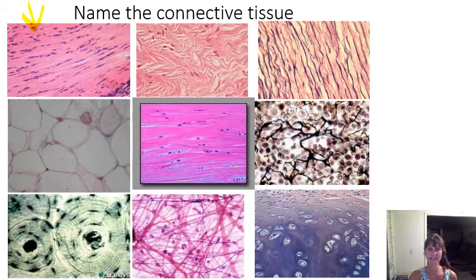We have dense irregular connective tissue in the middle slide, and elastic connective tissue on the upper right. Did you guess that this is the reticular connective tissue that looks like a bunch of grapes or cherry blossoms? Here we have fibrocartilage in the center.